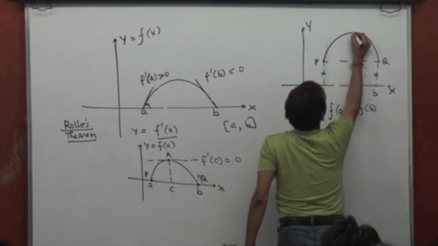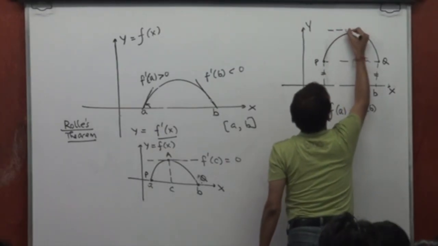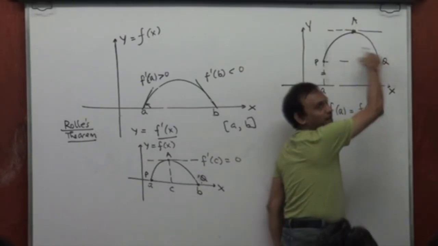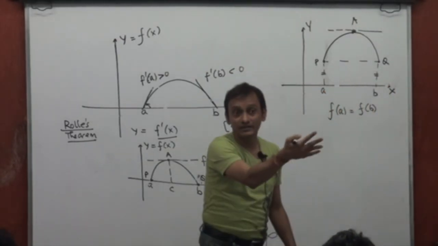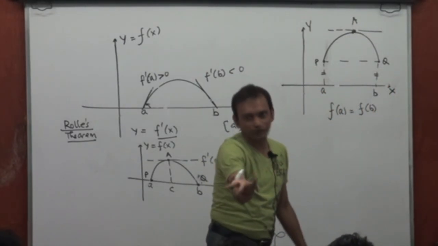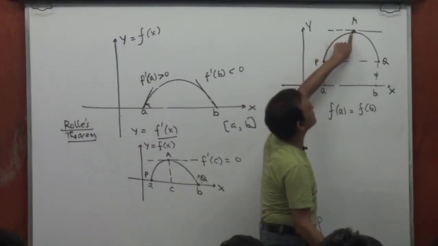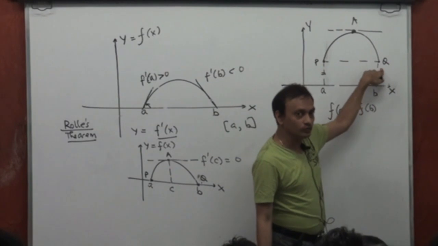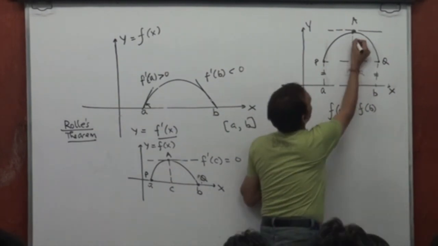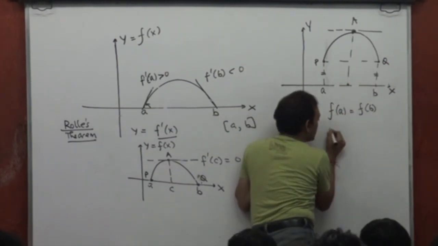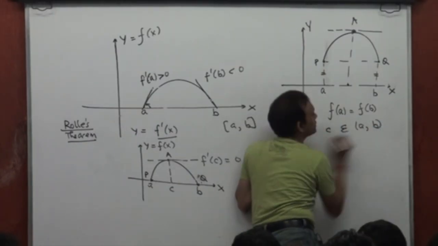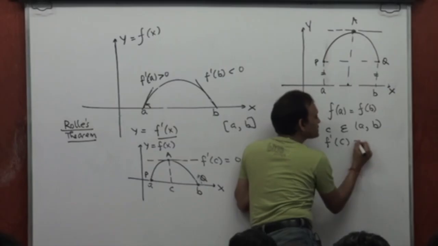Then what is guaranteed is a point such that the tangent at that point will be parallel to PQ. That's a physicality. The physicality of Rolle's theorem was this: existence of a point A such that the tangent at A is parallel to the line joining P and Q. That means once again, there exists a point C belonging to A to B such that f dash C once again is 0.